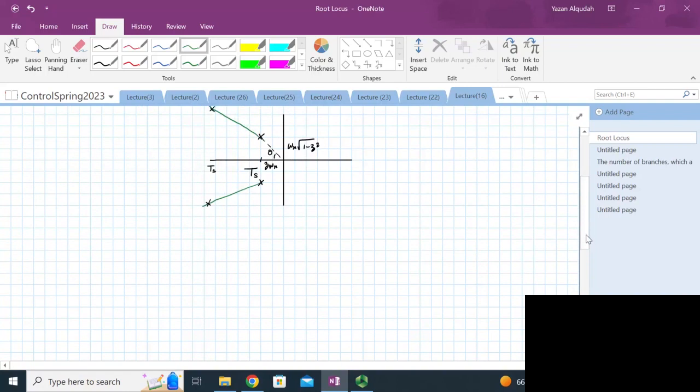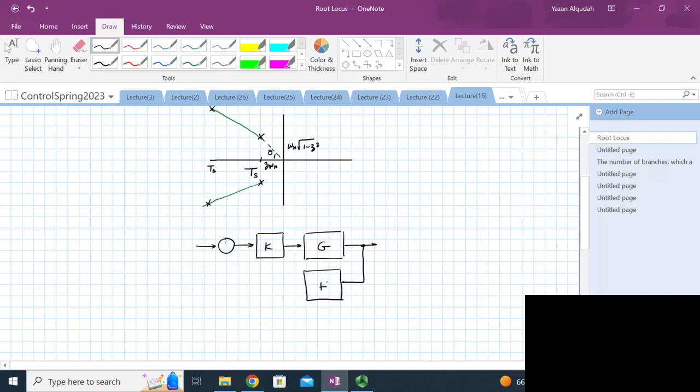Now also, we said if I were to take the system, and this is the typical system that we're going to be studying, we're going to have a controller that is just a gain, and then we have a plant and we have a feedback.